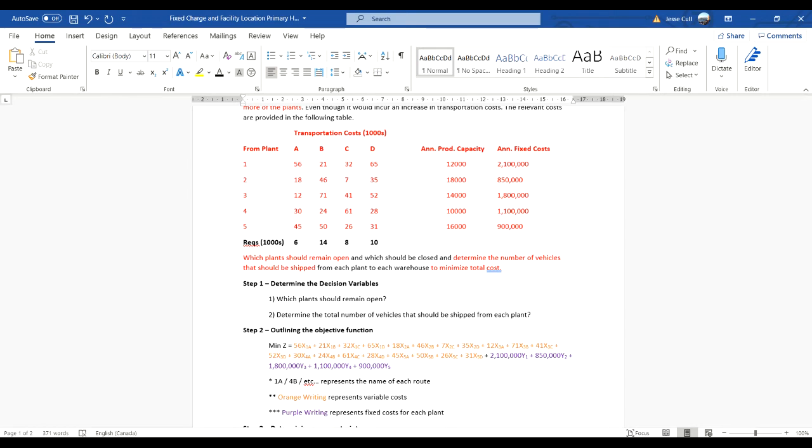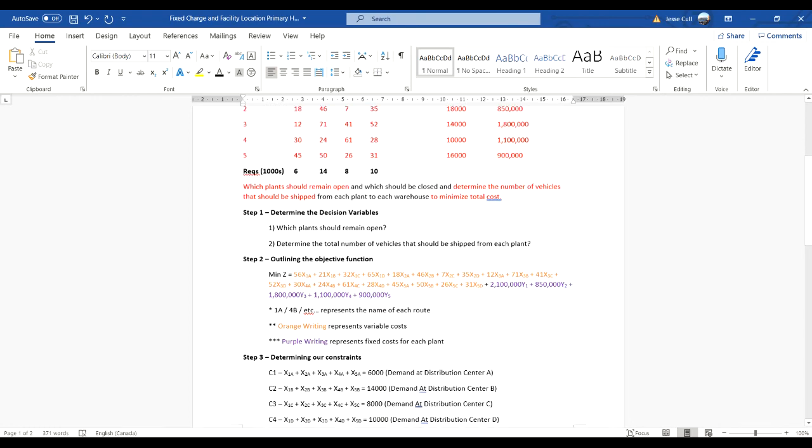What this represents is another limitation, because we cannot ship goods if they don't exist. For each of the 5 production plants, we can only ship to each of the 4 distribution centers the total goods produced in each plant.